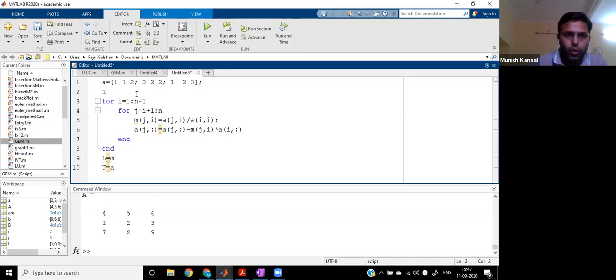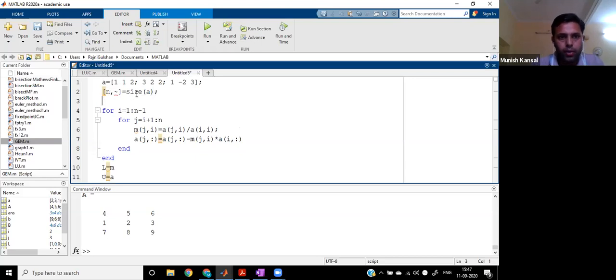Or if you don't want to write it like this, because we want to make a general program, I will write n comma tilde is equal to size of A. This is one thing, right? Now it will take the value of n as 3, because as we have shown in the command window, this will give the size of the matrix. 3 rows are there, so n will be equal to 3.